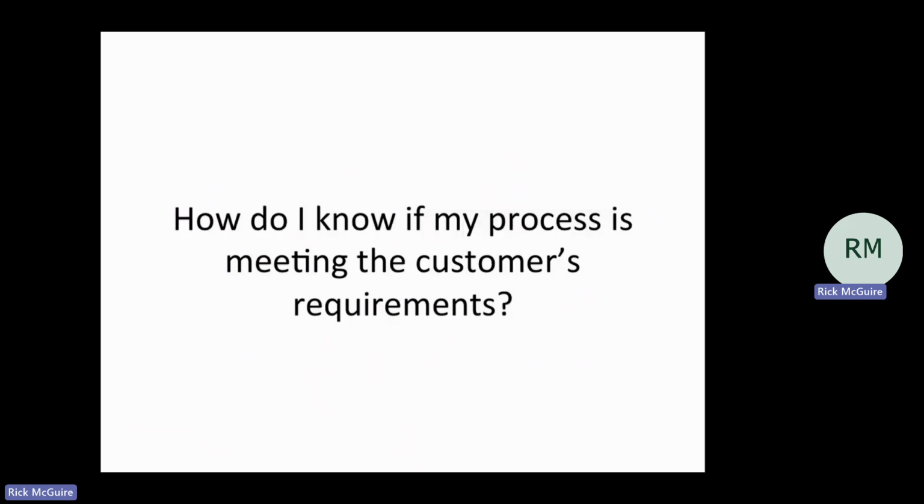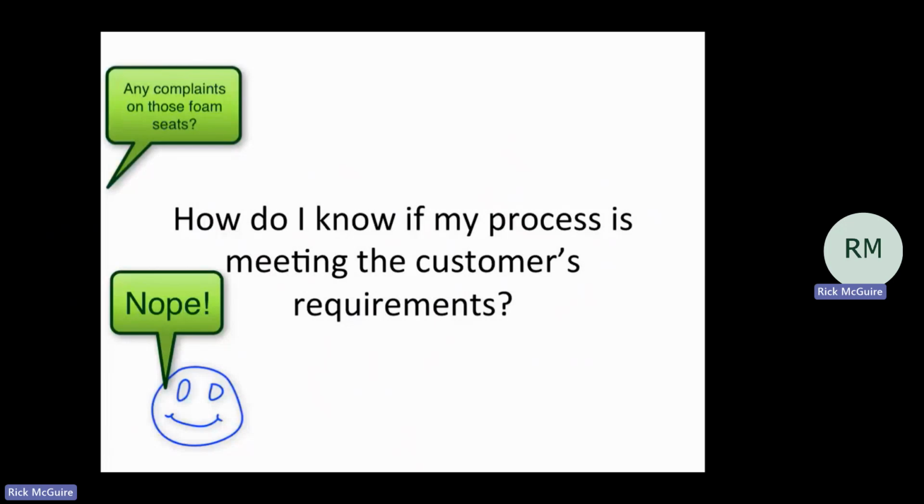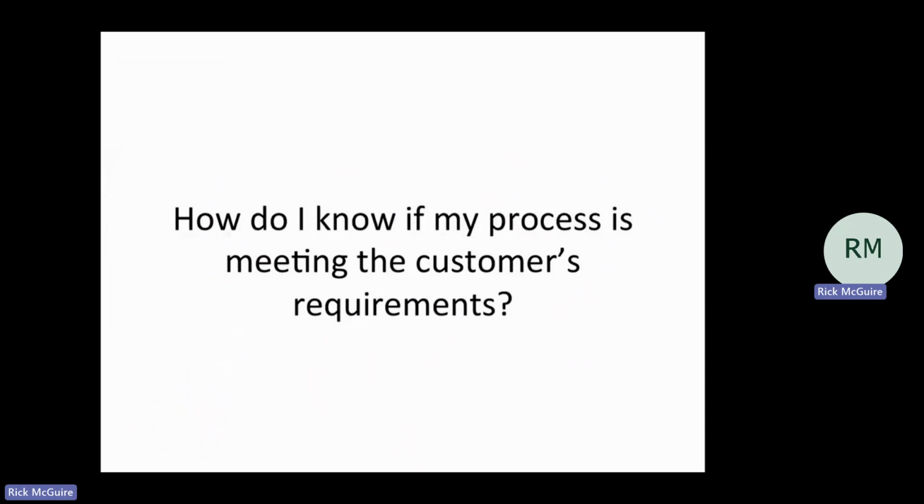Companies might have varying answers to that question. In one company, they might say, well, if I don't have any customer complaints on this product, I could assume that the product is meeting the customer's requirements. Another company might say, well, we measure the number of warranty claims. And depending on the number of warranty claims that we get in a year, that tells us how well a product is meeting the customer's needs.